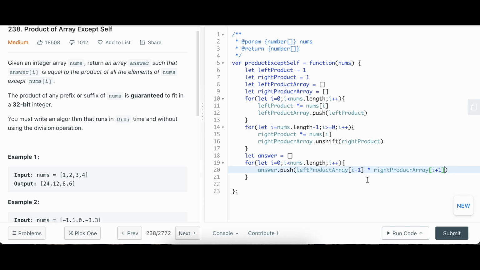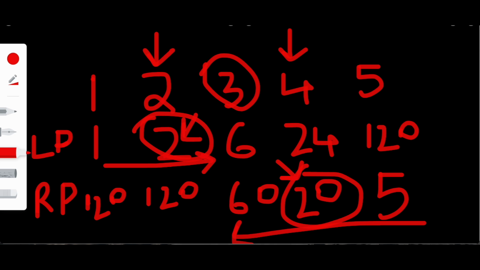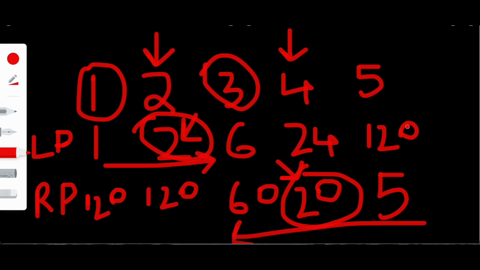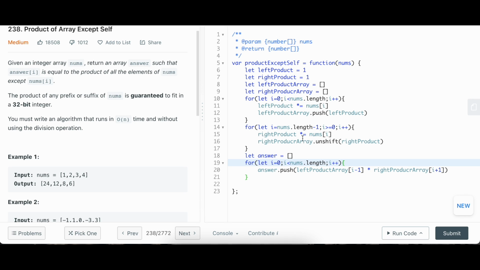But we need to make sure that this is working fine, because if we look at the first element, left product at I minus 1 has no element, so I need to handle that case. Similarly, when I'm at the last element, there is a left product at I minus 1, which is 24, but there is nothing to the right side. So if I do right product at I plus 1, this will give me an out of bound error, right? So I just need to handle those cases.